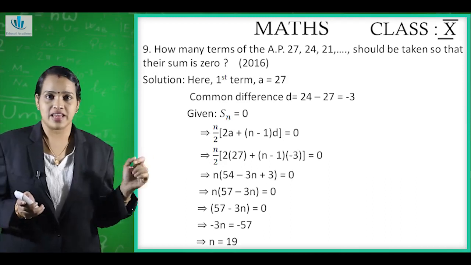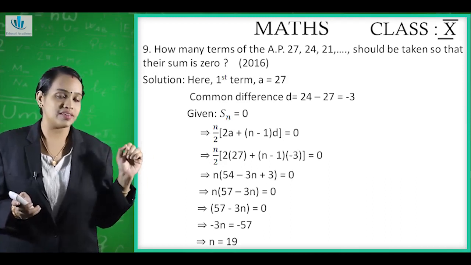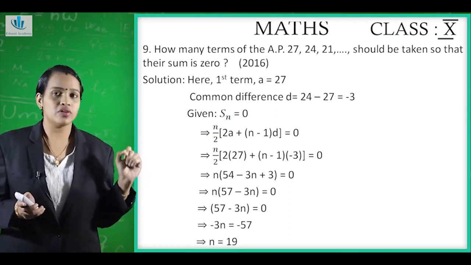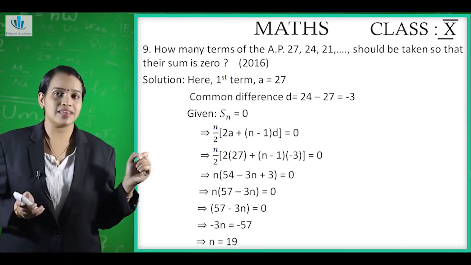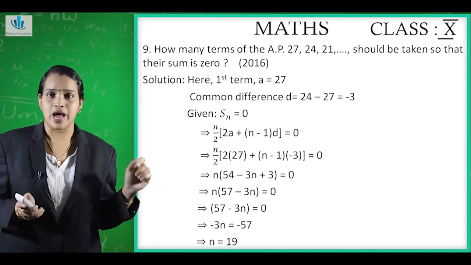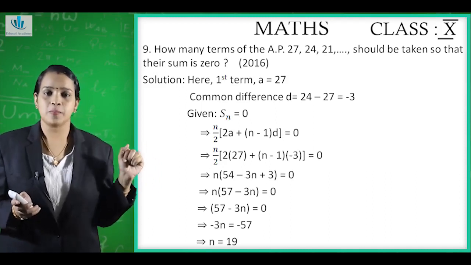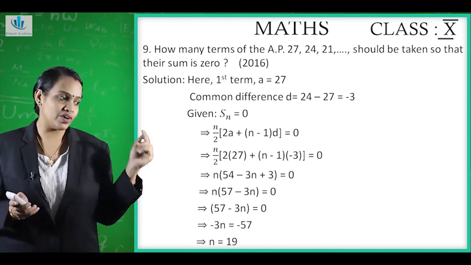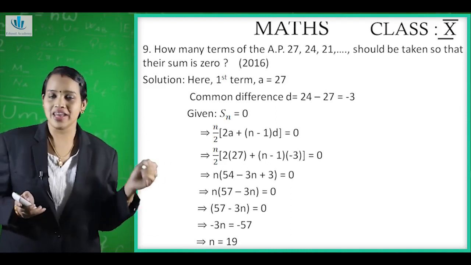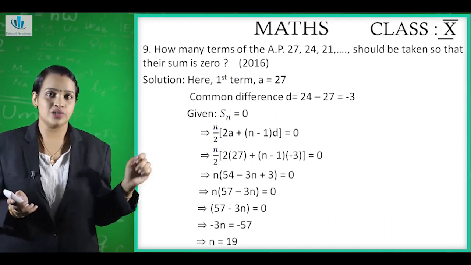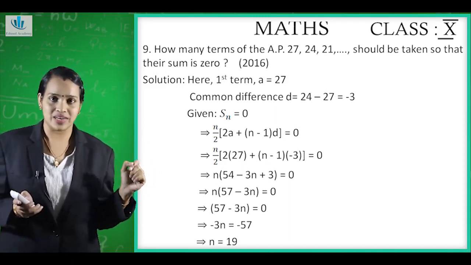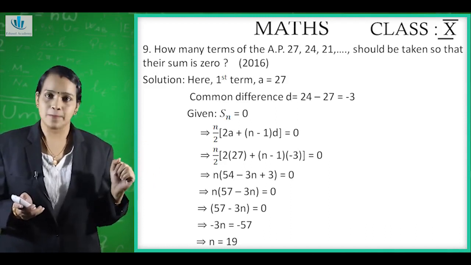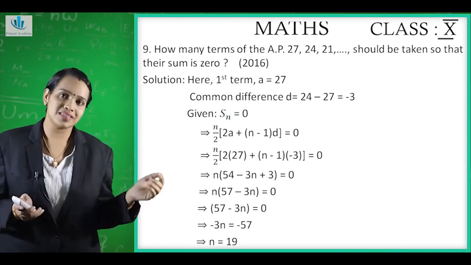Now given Sn, they have told it is equal to 0, that is sum is equal to 0. So the formula we know for the sum is Sn equal to n upon 2 into (2a plus (n minus 1) into d), which is equal to 0, as said in the question. Now n upon 2 into (2 into a value, 27, plus (n minus 1) into d, which is minus 3), equal to 0.